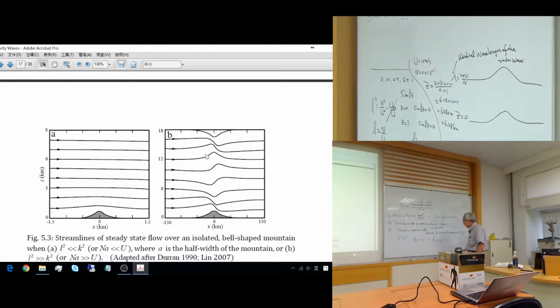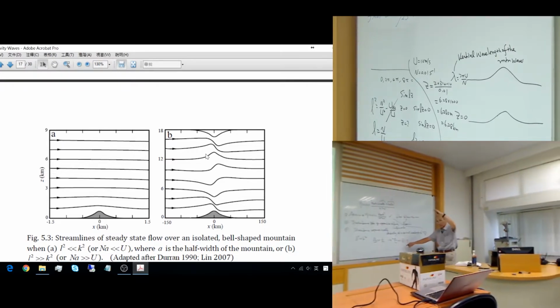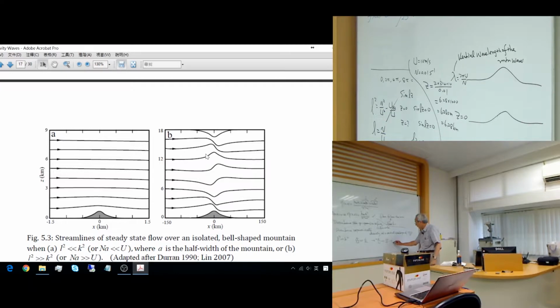You can multiply by 2 pi here, and then this will be the time period of vertical oscillation, the buoyancy oscillation due to the buoyancy force.